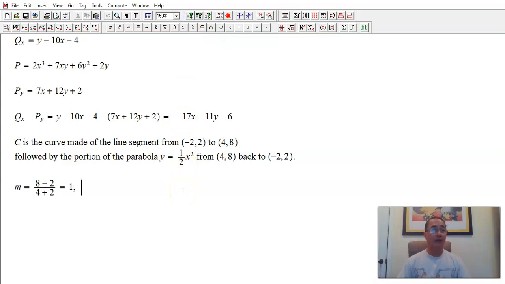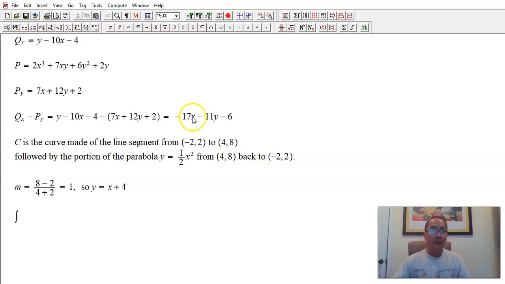So the equation is simply y equals 1x. And then do we have a plus b? Well, to get from -2 to 2, you have to add 4. So yes, it is y equals x plus 4. That is the equation of the line segment, our exit point. So the double integral that we want, we said we'll set it up as a type 1.